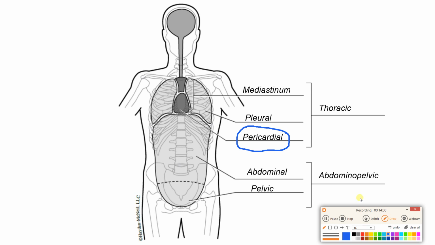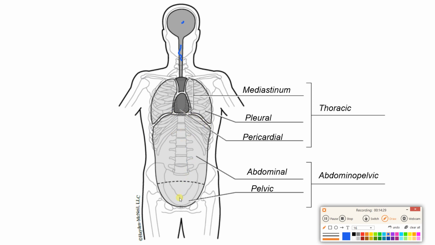Okay, so let's backtrack for a second here. We're doing major body cavities. We've got a major body cavity in the back called dorsal, which has two subdivisions, cranial, which is up here, and vertebral, which is right here. And then we've got our anterior cavity, which is the ventral body cavity, with the diaphragm across the middle.